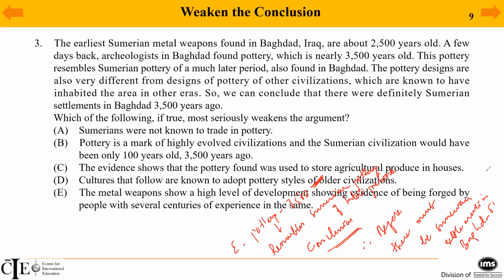So we have to say that the pottery resemblance does not lead to this. So what the pottery is used for does not weaken this. So C can be ruled out.